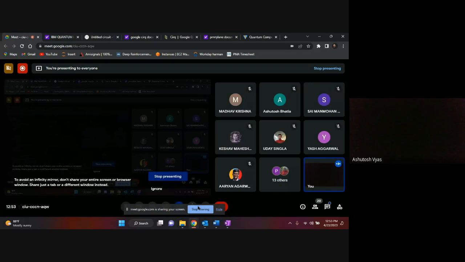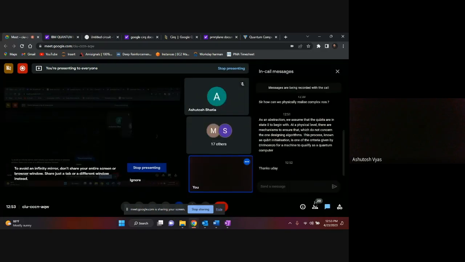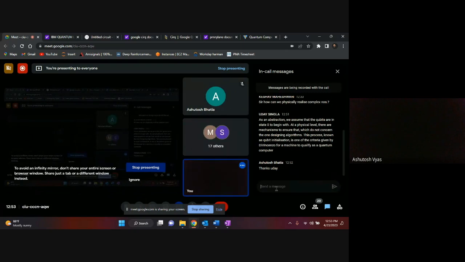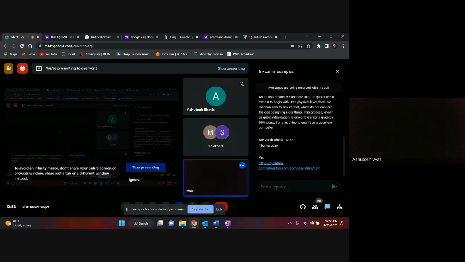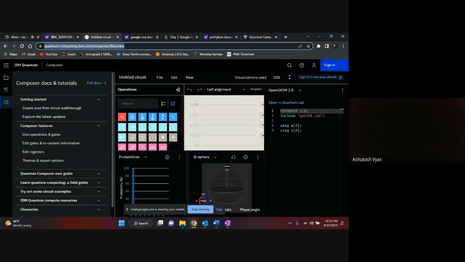I'm putting it in the chat. Here it is. If you quickly open this link, you will see something like this. Now you can actually activate a particular qubit.